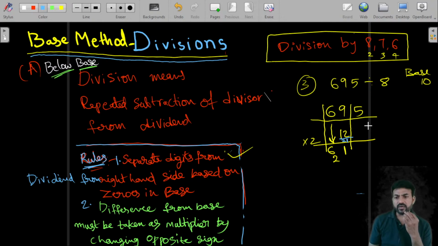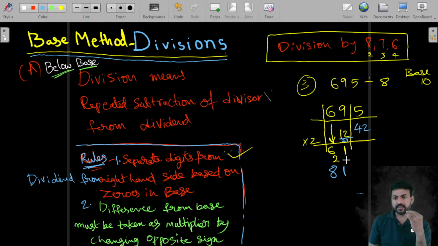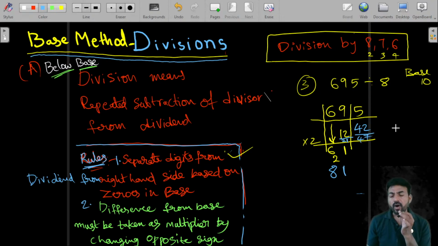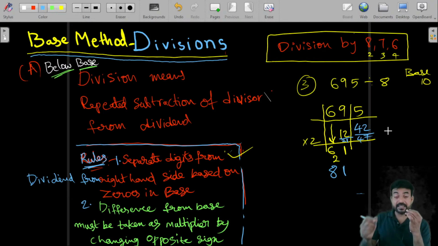So 2 21s are 42. So the carryover and the number is 6 plus the carryover, which becomes 8. This is 1. And 5 plus 42, how much? 47. Clear? Now, how many 8s are there in 47? 6 8s?